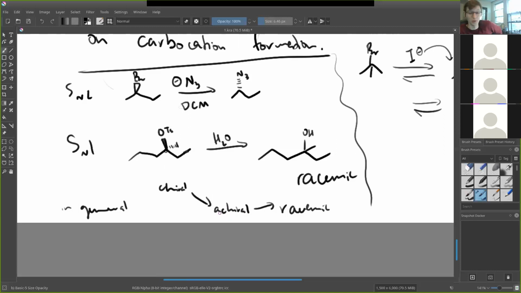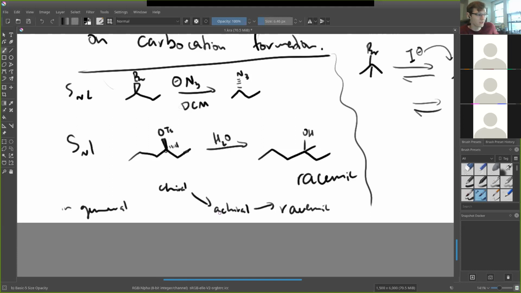It's really not. You can't control the stereochemistry. And in real chemistry, stereochemistry matters a lot. It makes a huge difference. In general, it's better to avoid SN1 reactions because they're harder to control. They involve a carbocation, which can get messy. It's not a good reaction.